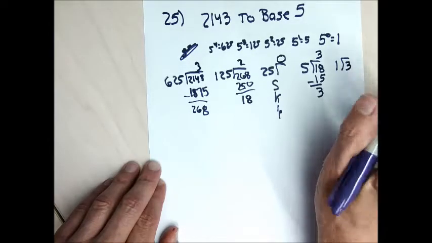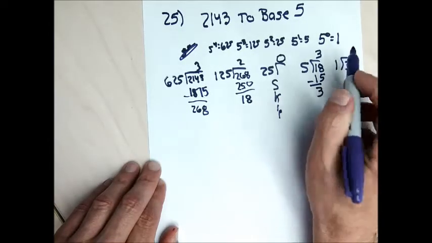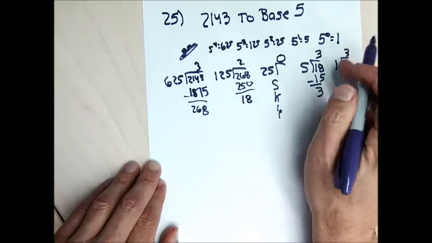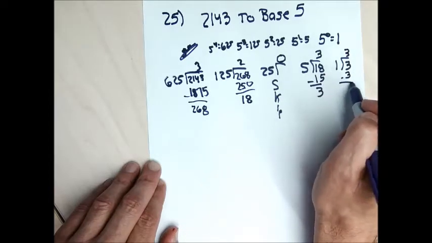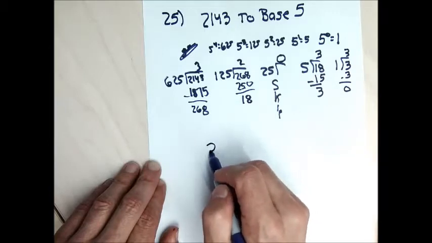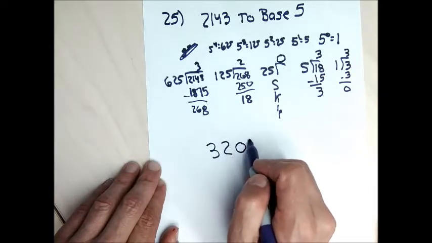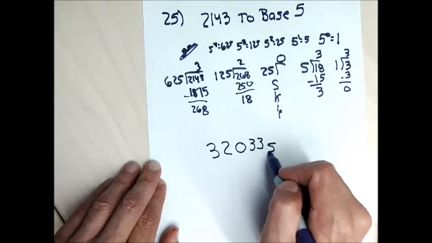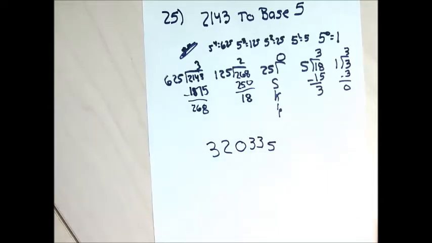Bring my 3 over. 1 goes into 3 3 times. 3 times 1 is 3, and subtract and get a remainder of 0. I think the answer should be 32033 base 5.